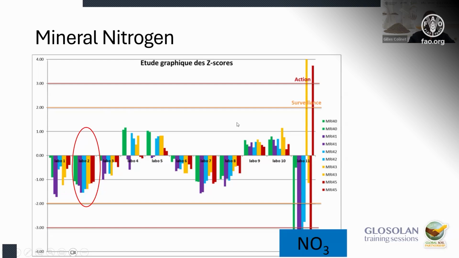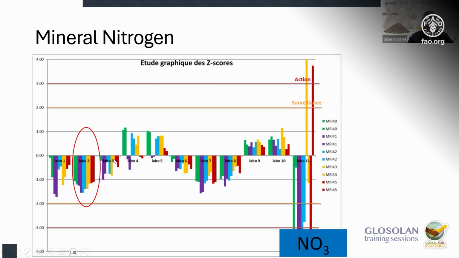-2 and -3 are considered as limits. If you are within this area, it's okay. If you are over the orange line, you should make an effort to see what happens. And if you are over the red line, so that's that score, you need to take an action in order to correct what happens.